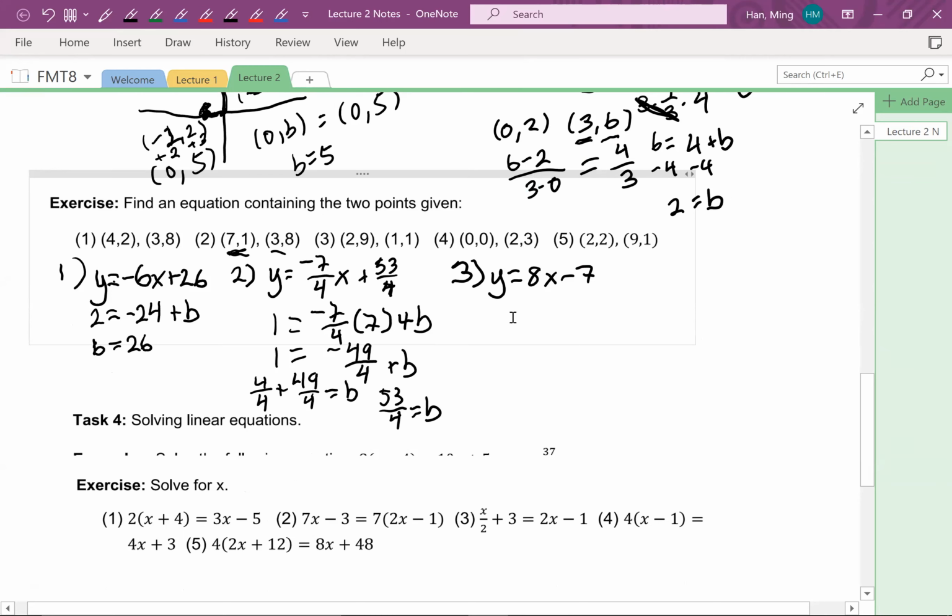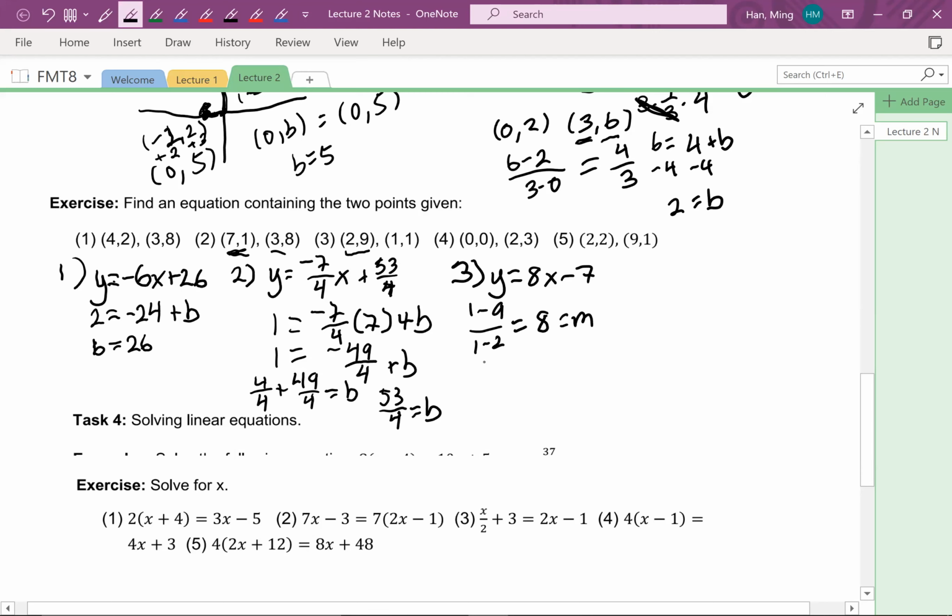So to find the slope, I did 1 minus 9 over 1 minus 2, which is negative 8 over negative 1, which just equals 8. And then I took one of the points, which was 2, 9.